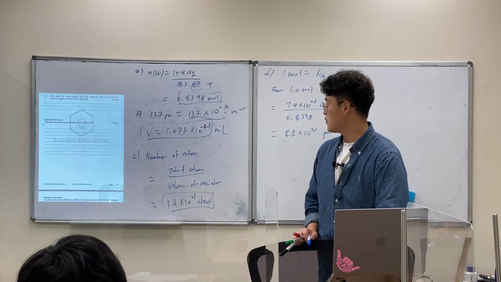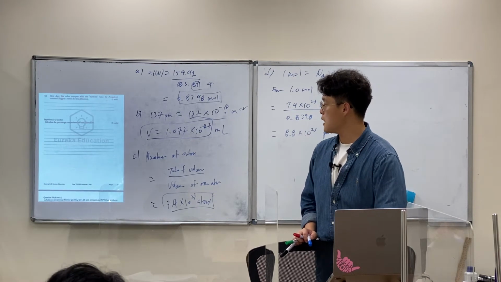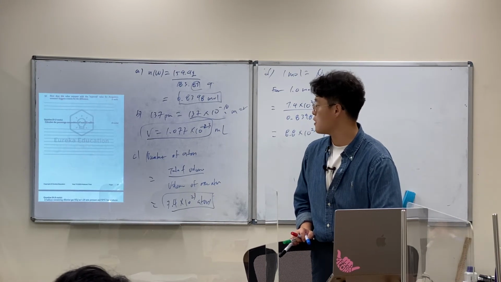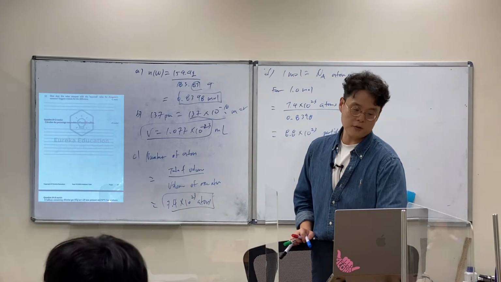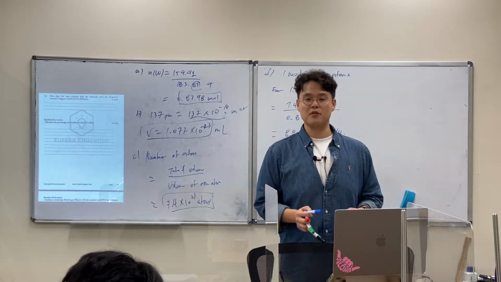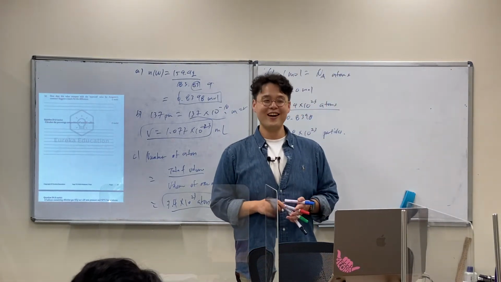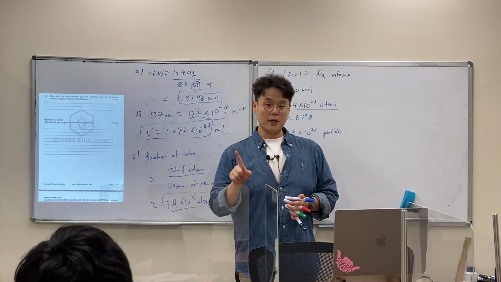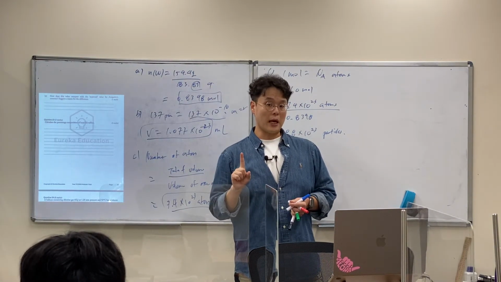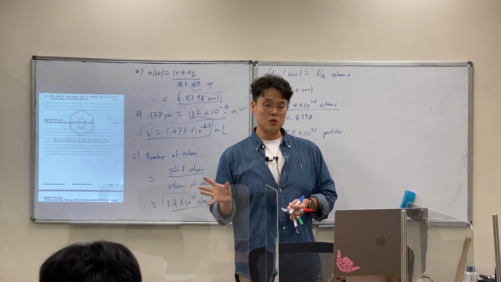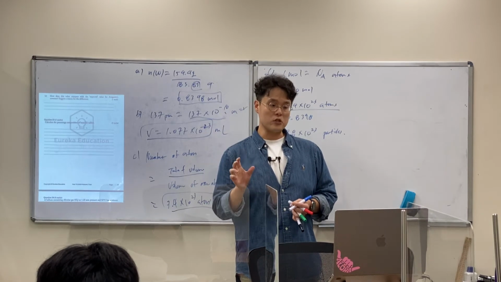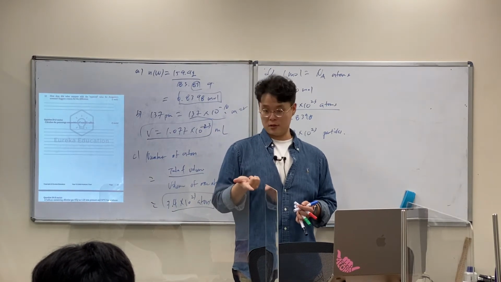All right, 23. Calculate the percentage composition of the iron sulfate. Those who didn't get the full mark for this question, you seriously have something wrong with you. When they're asking you to find the percentage composition, they're asking about individual iron, sulfur, and oxygen.